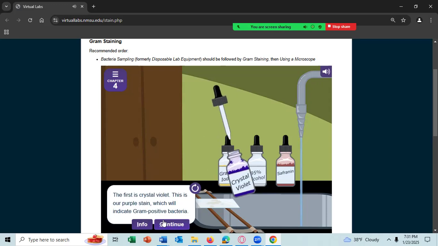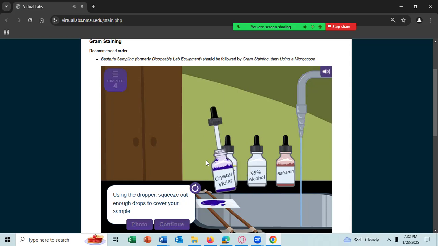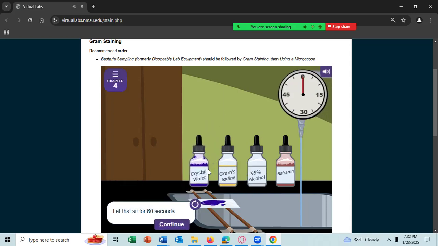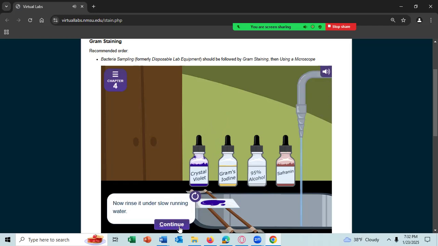The first is crystal violet. This is our purple stain, which will indicate gram-positive bacteria. Using the dropper, squeeze out enough drops to cover your sample. Let that sit for 60 seconds. Now rinse it under slow running water.